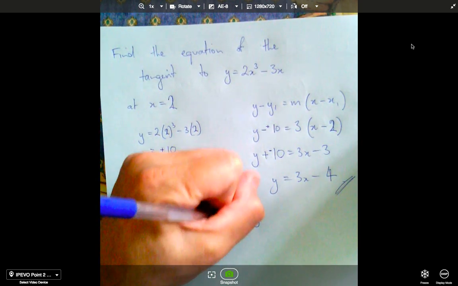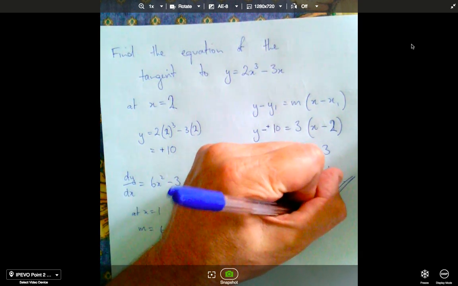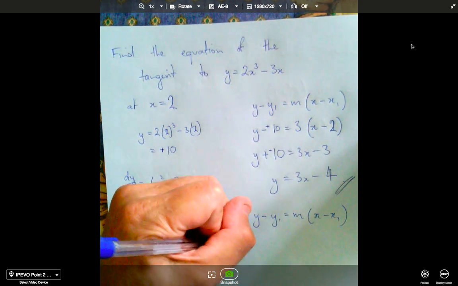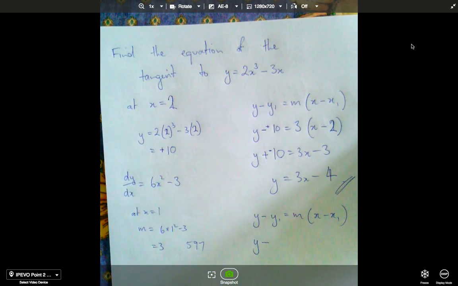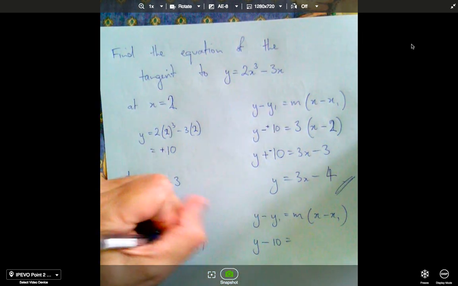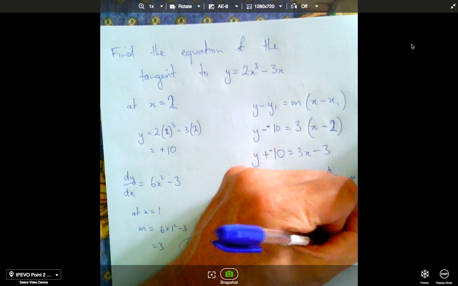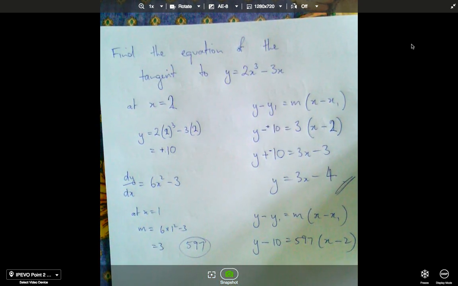So again, we could substitute into exactly the same formula. It's going to be y minus y1, which is 10, equals m, which was the 597, outside of x minus 2. And again, you could muck around with that, but I won't.